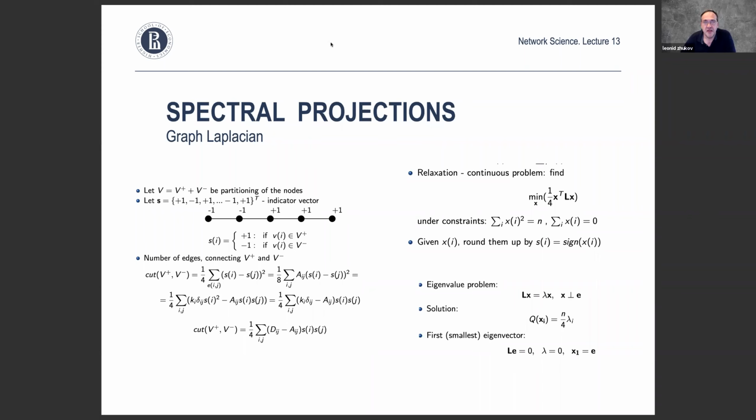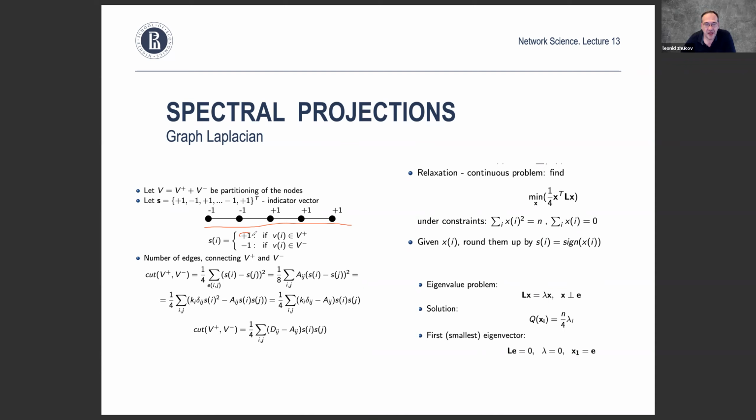I'll briefly remind you the idea. When we talked about spectral graph partitioning, we said, okay, let's say we have a bunch of nodes and we want to assign labels to the nodes, +1 or -1, which class they belong to.